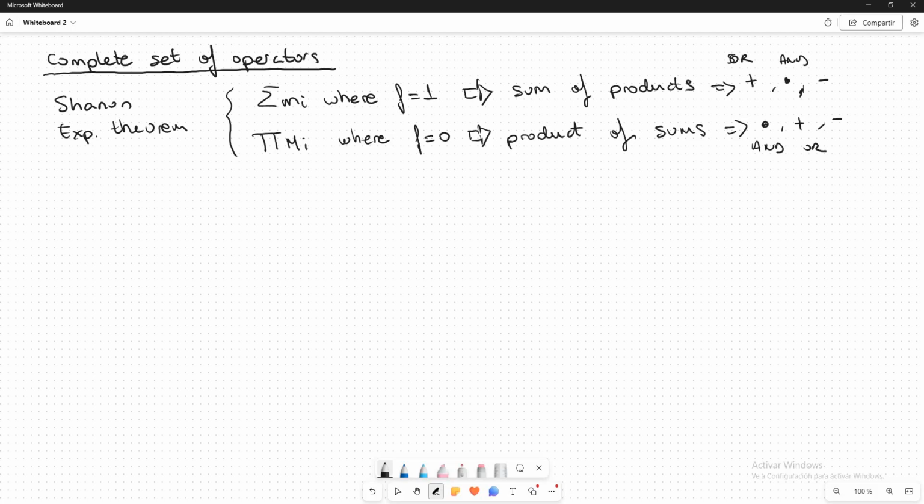Because this means that we have a complete set of operators just using the logic sum, the logic product, and the negation. This is a complete set of operators. Why? Because just using these three operations, we can express any possible function.